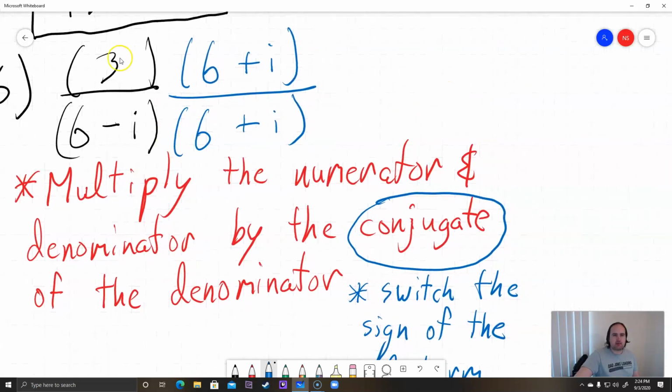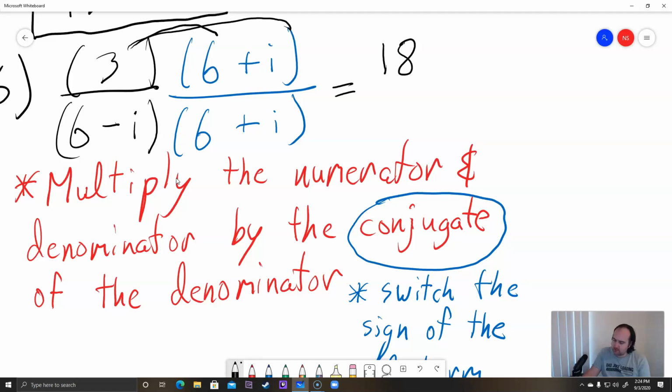On the top, we have to distribute the 3. And on the bottom, we have to use FOIL. So on the top, we're going to get 3 times 6 is 18, and then 3 times i is 3i, so we have 18 plus 3i on the top.